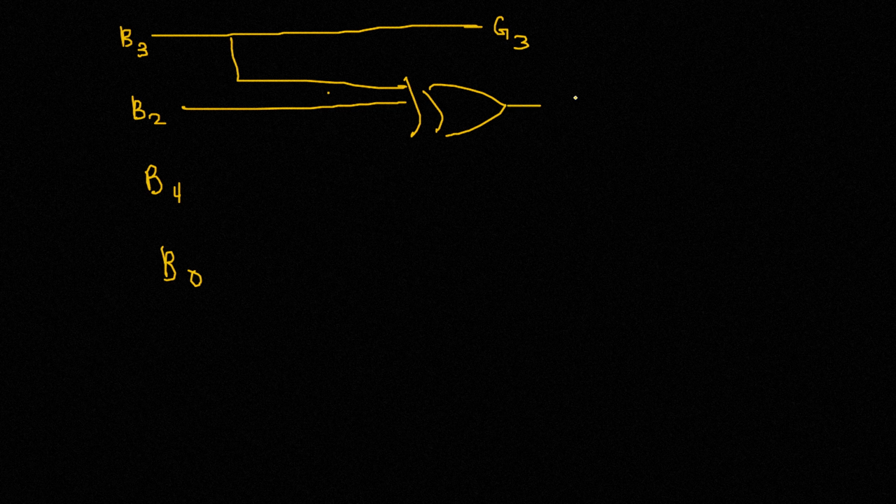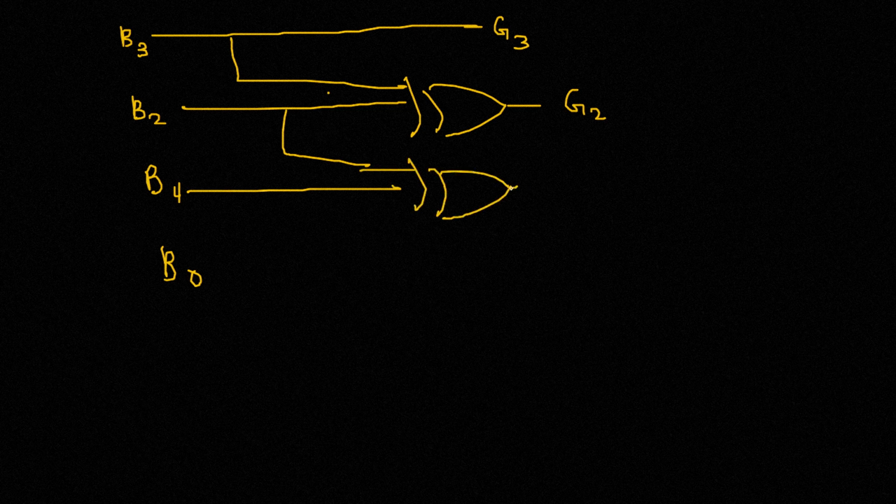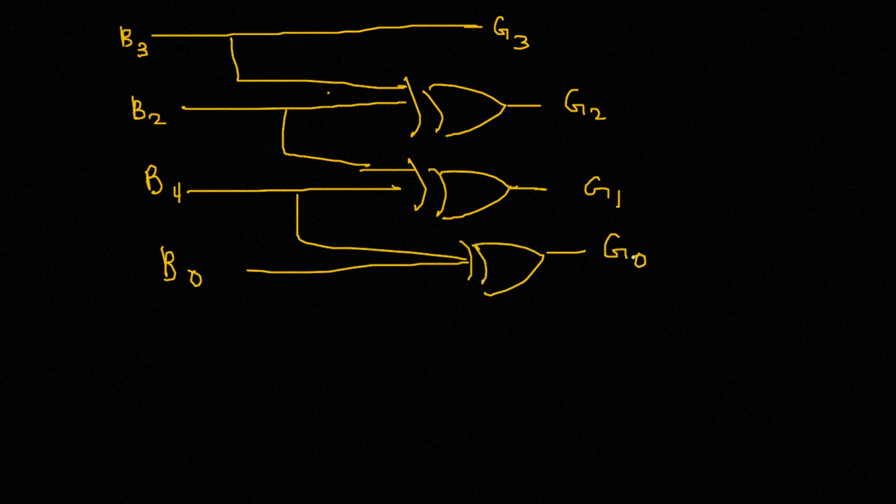So B3 directly gives us G3, and then we have B3 XOR B2 giving us G2, B1 XOR B2 is G1, and then B1 XOR B0 is G0. So this is the logic circuit that we wanted that converts binary to gray code.